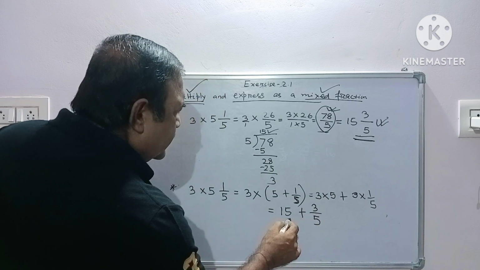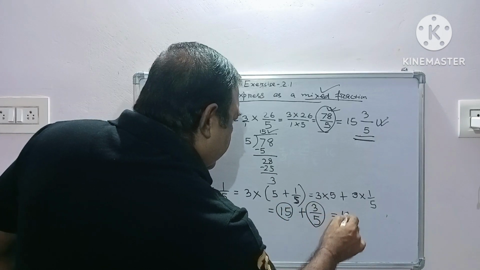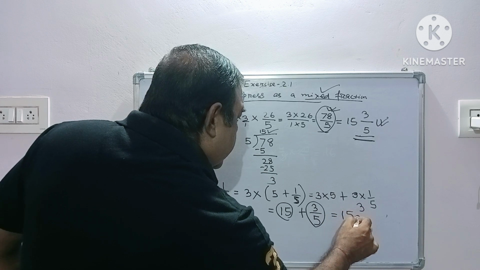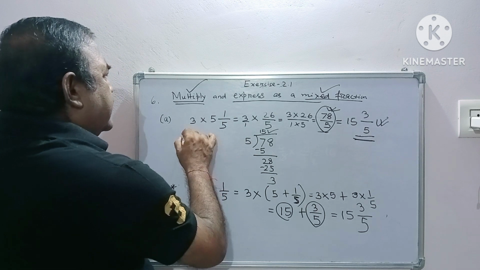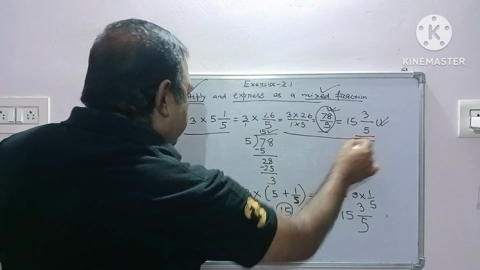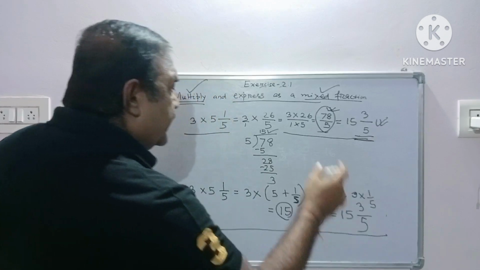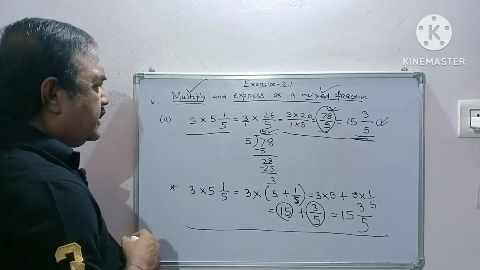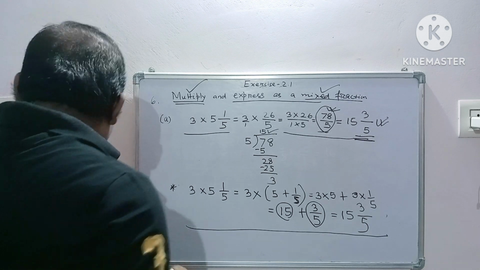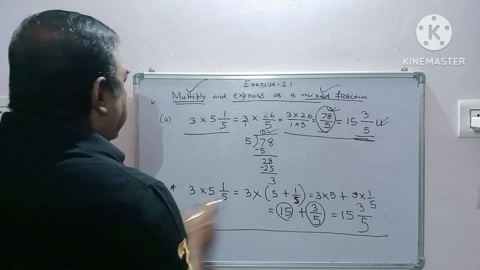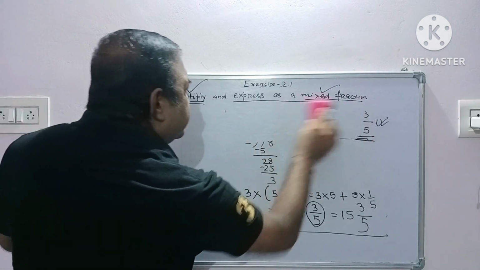And you see this is a whole number, this is also a proper fraction, so directly you may write like this: 15 whole number and 3 upon 5. So it is the traditional method we do, but you should make it a habit of doing like this. It will be easier in many cases. In such cases you will get the benefit. Okay, you do like this. I erase it.